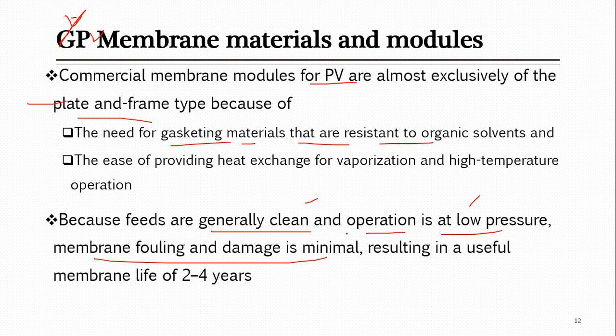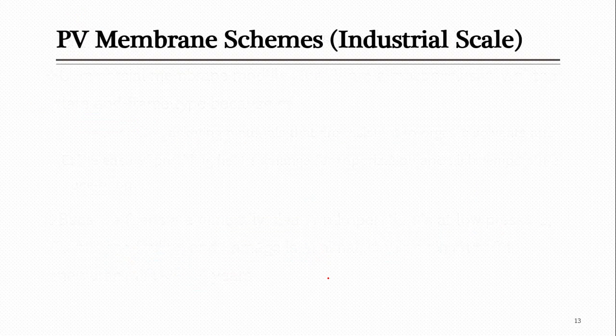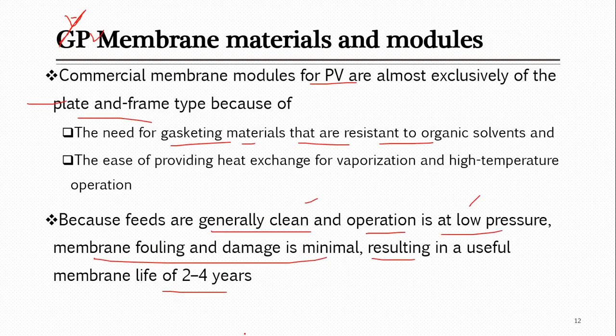That's very low in these kinds of membranes which are used for pervaporation. Due to this, they can be used for up to 2 to 4 years. Most of the time, by the way, you have to replace membranes after 1 to 2 years. Sometimes you don't replace them, you go for cleaning, and unless they are completely blocked or not providing sufficient permeation, then you go for replacing. But this is a large time, 2 to 4 years.